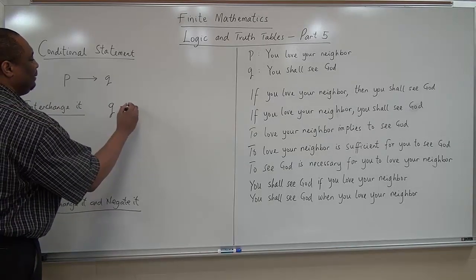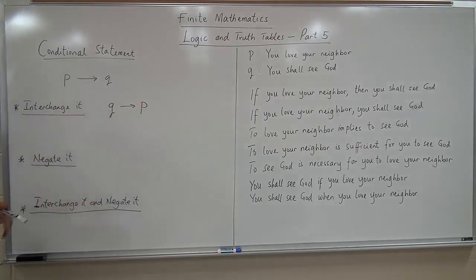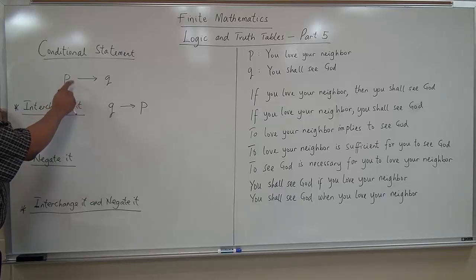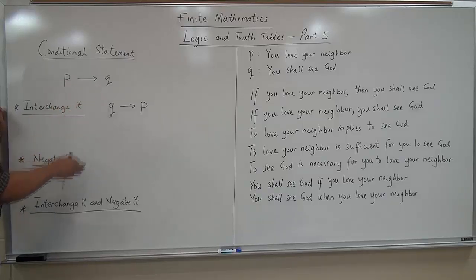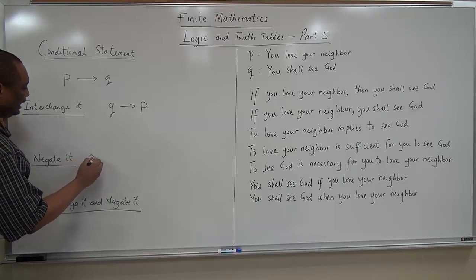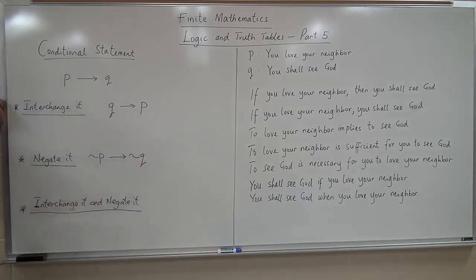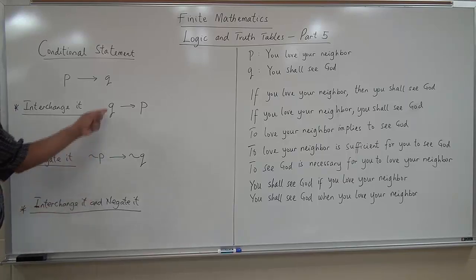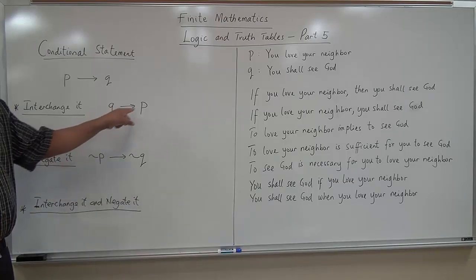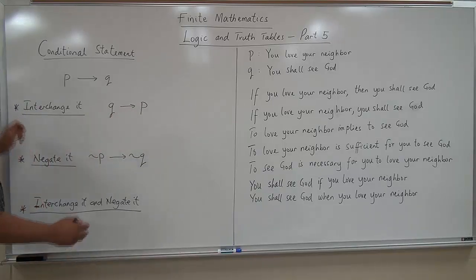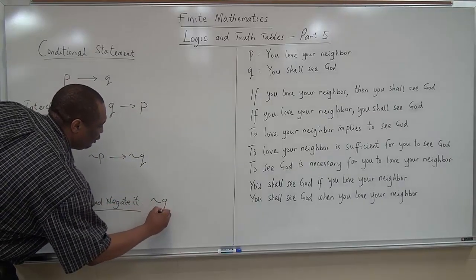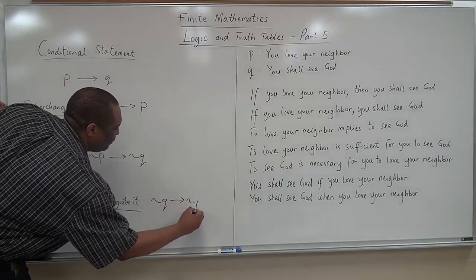We'll have Q implies P. If we negate this, then it will be negation of P implies negation of Q. Then if we interchange it and negate it, we interchange it first, then we negate it. It will be negation of Q implies negation of P.